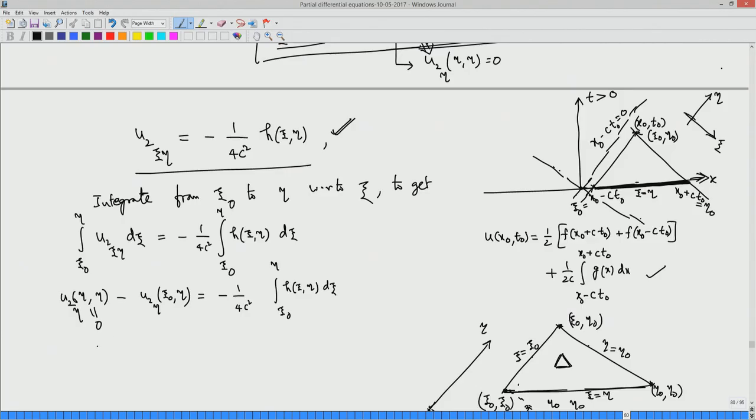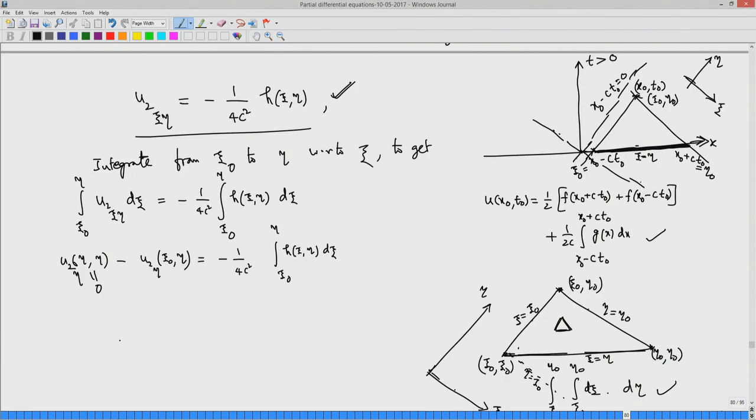So, now you integrate this, now your integration from eta. If you integrate the eta variable from eta equal to xi naught to eta equal to eta naught, between these two lines, that is a triangle.